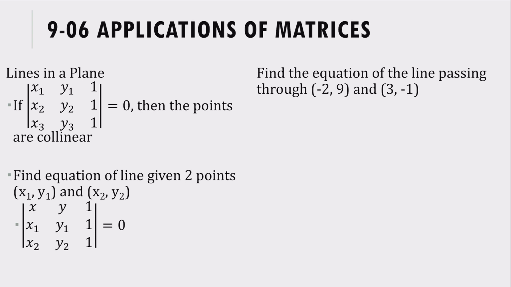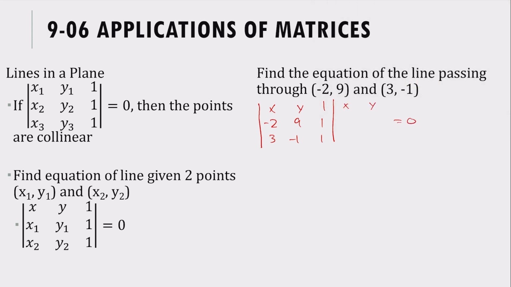So let's find the equation of a line passing through these 2 points. So we have x, y, 1, our first point 1, then our second point 1, and that equals 0. Well, let's move that 0 so we can find our determinant.